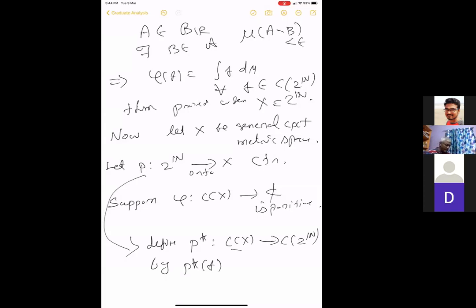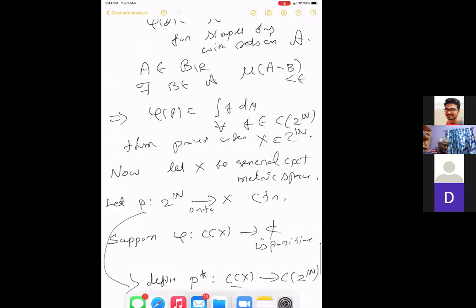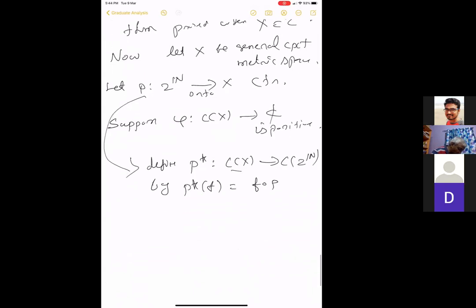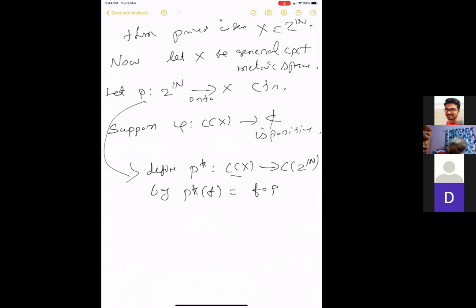So given some element of the Cantor set, I evaluate p of it, and then you can evaluate f. So p star of f at the point equals f of p of the point. Since p is continuous, this is in C of the Cantor set. You take f in C of X, then p star of f is equal to f composed with p. That will be a continuous function on the Cantor set. It's just composition.